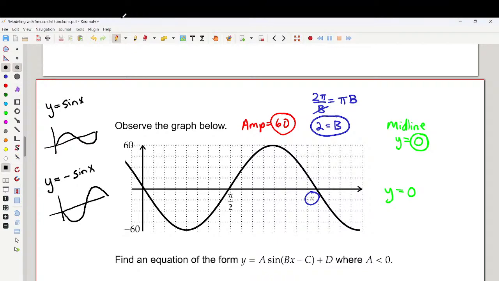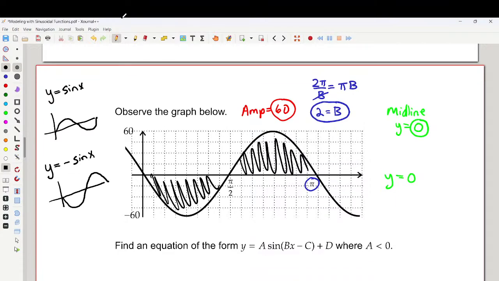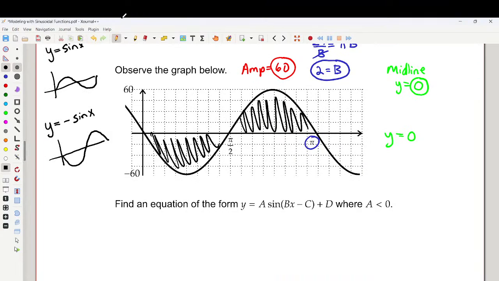Right here. Here's a trough. Here's the start of a trough followed by a crest. My question to you is, has that been shifted at all, or is that still at the origin? It's still at the origin. So for this question, the phase shift is 0. We're not shifting it at all.